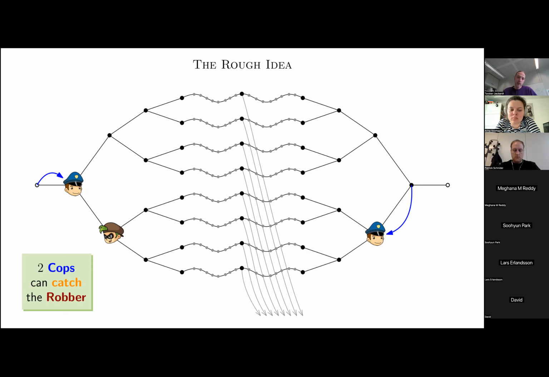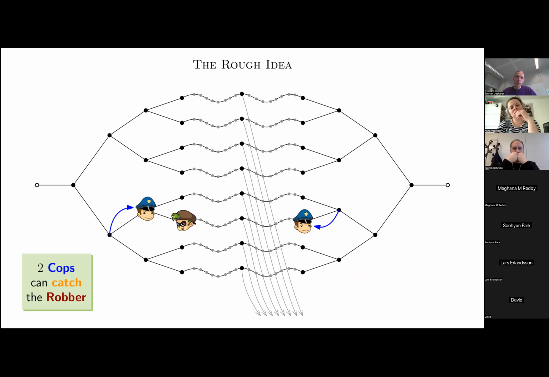Then again, the robber has 2 ways to proceed, left or right. Maybe he chooses to go left, and then the other cop also copies it, and he's still being chased. So he can never go back. Once a decision is made, it's final, and the other cop does the same. The only way for the robber to escape is to go to one of those middle things and then escape to the graph.